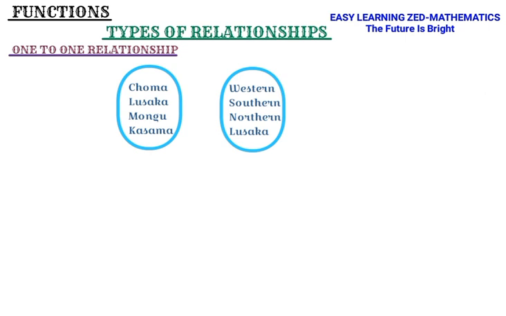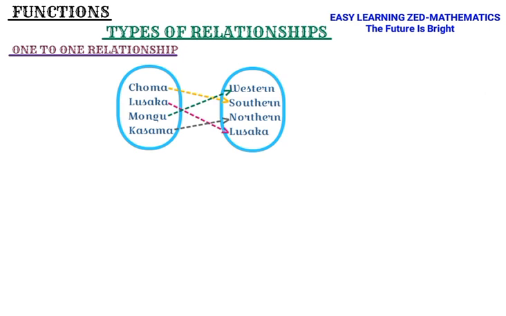Choma is the provincial headquarters of Southern Province. Lusaka is the provincial headquarters of Lusaka. Mongu is the provincial headquarters of Western Province, and Kasama is the provincial headquarters of Northern Province.